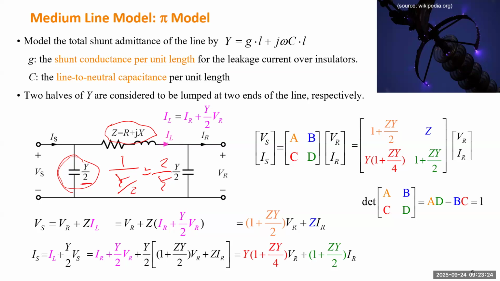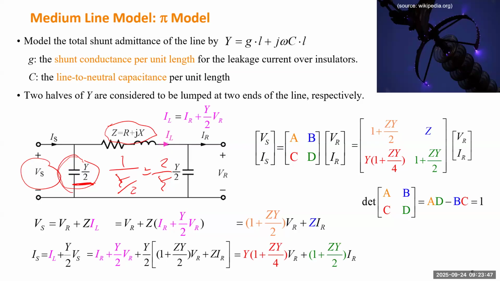So you want to figure out the current. If you know the voltage added to this shunt branch, the voltage divided by the impedance will give you the current, right? And voltage multiplied by admittance will give you the current. So what I show here doesn't mean the impedance, it really means the admittance.